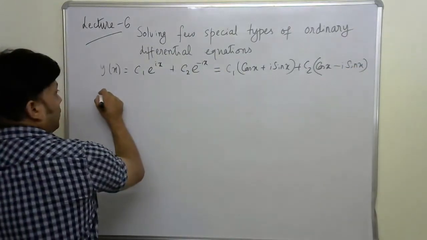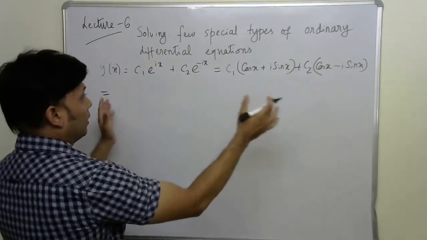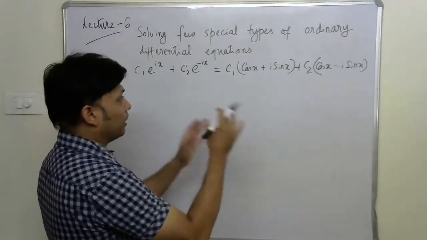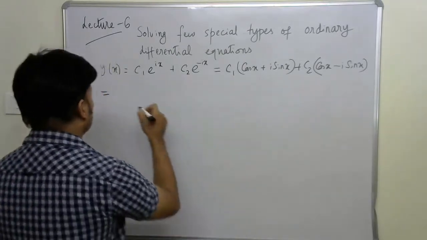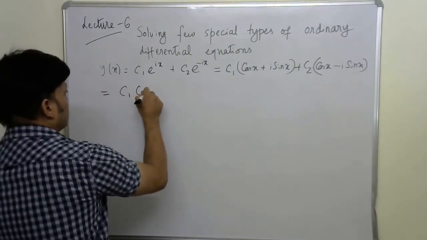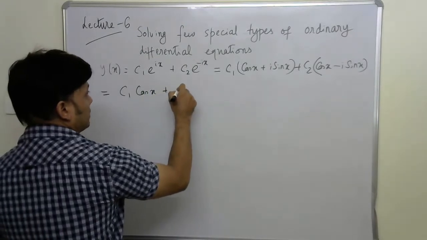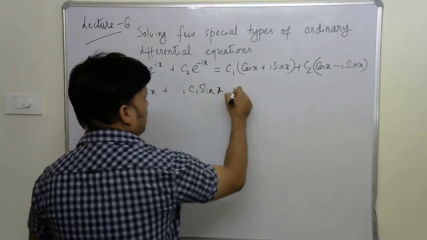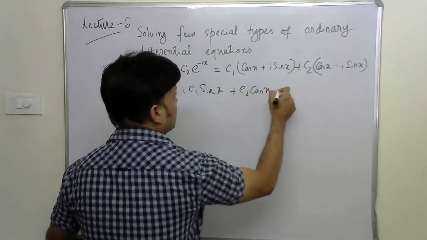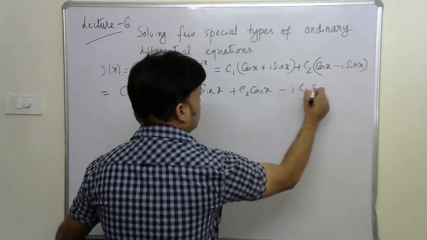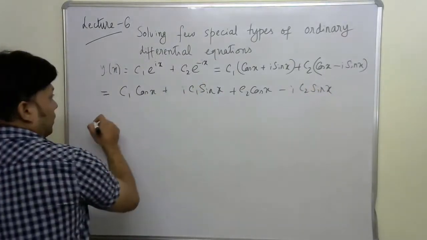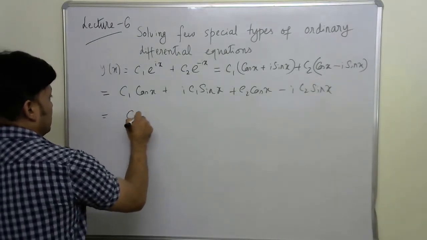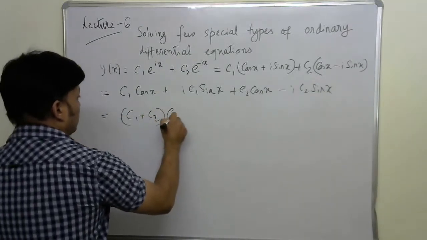Okay, now further we can break them from the bracket and we can segregate the real and imaginary parts. So like this, C1 cos x plus i C1 sin x plus C2 cos x minus i C2 sin x. Further, we can write it as, if we can take C1 plus C2 common, then we can write cos x.